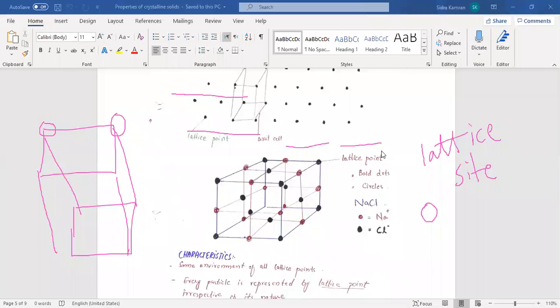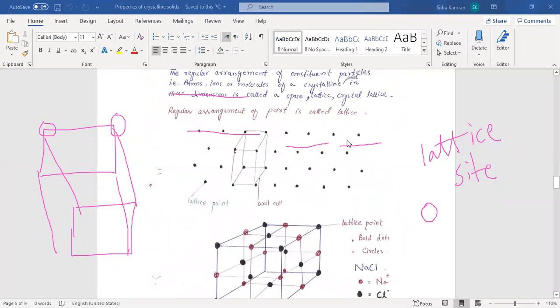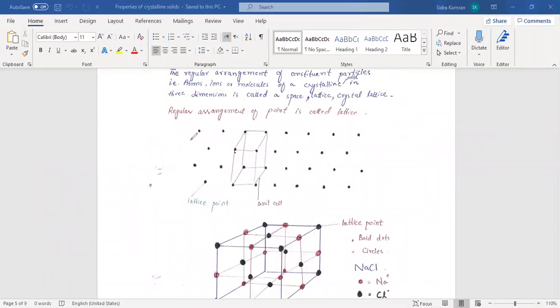See, in this figure I have drawn many lattice points. If you draw lines like this, joining these lattice points together in this way, these are the lattice points in a crystalline lattice and I am joining some points.